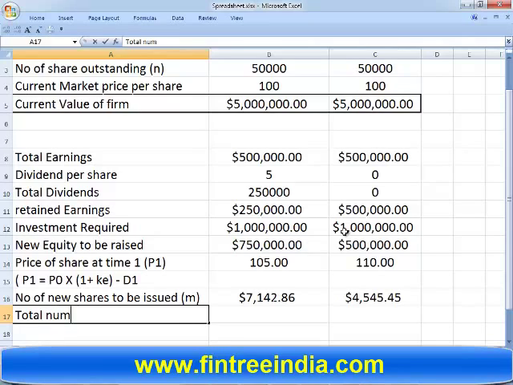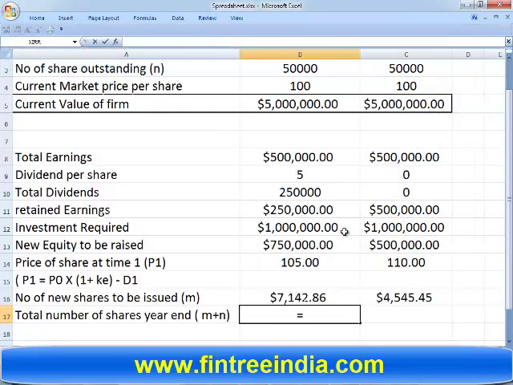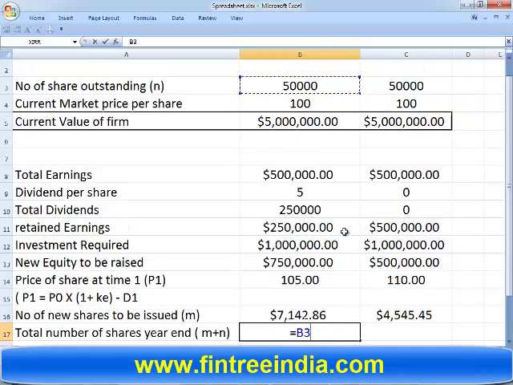Total number of shares at year end, which is M plus N: the number of shares that you had at the beginning plus the new shares, 7142.